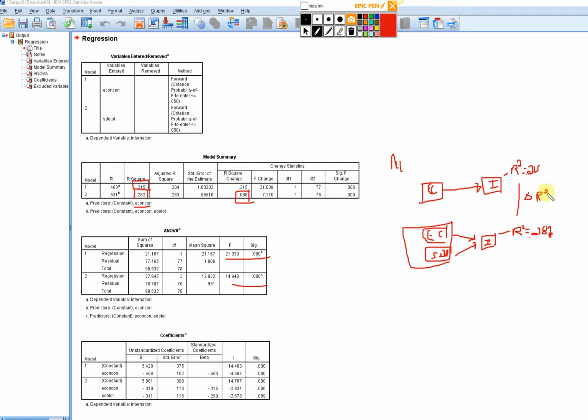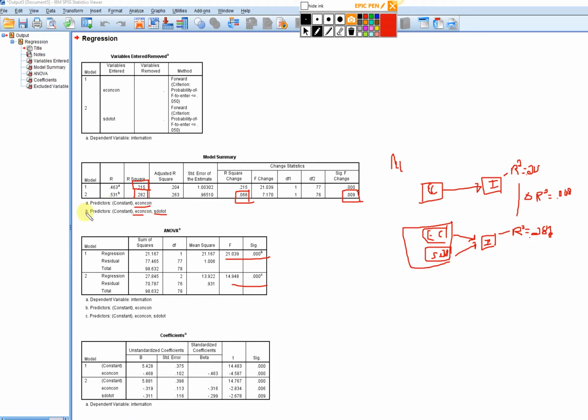So the change in R-squared is 0.068. Over here we have a significance test, testing whether there's a significant change in R-squared from one model to the next. We do see that there's a significant change in R-squared by adding in this variable alongside this variable.